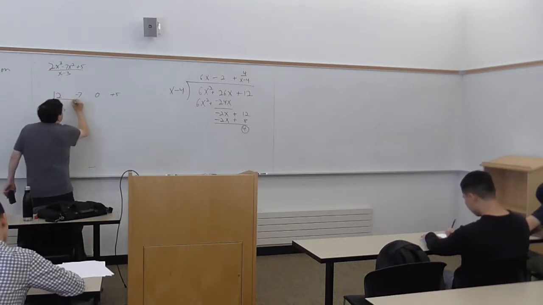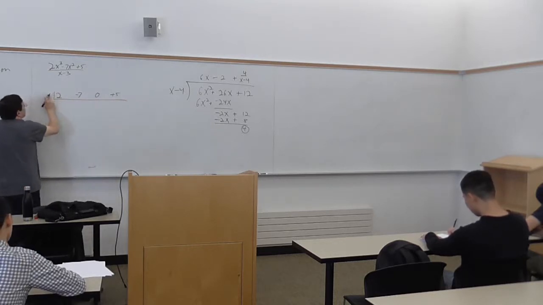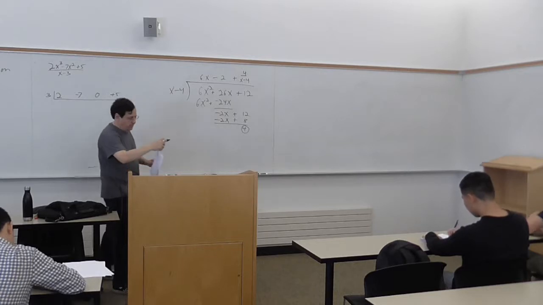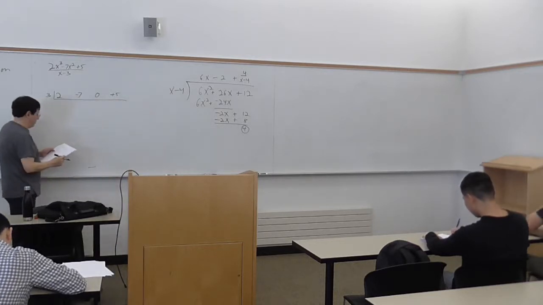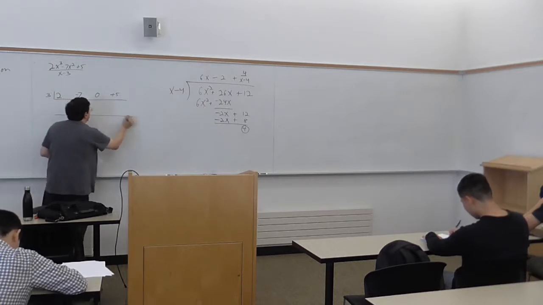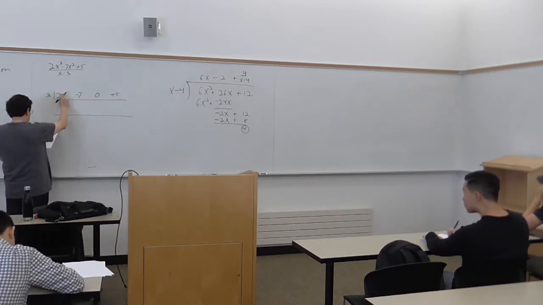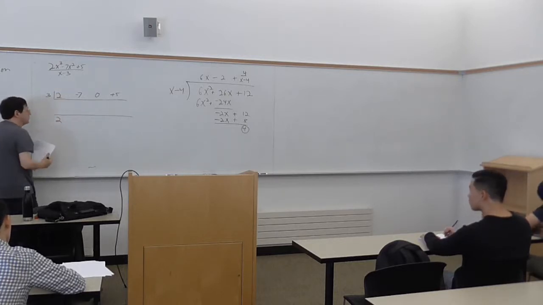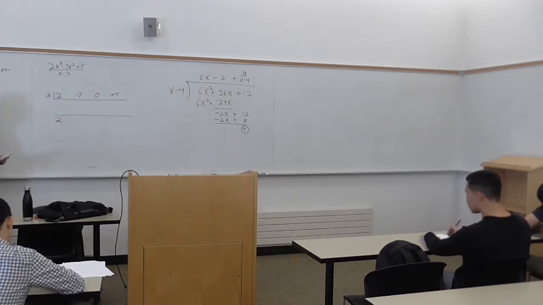And what I write over here is not minus 3, it's x minus 3. I write down 3. Okay. So step 1, I take this 2 and I write it down here. It's pretty easy.